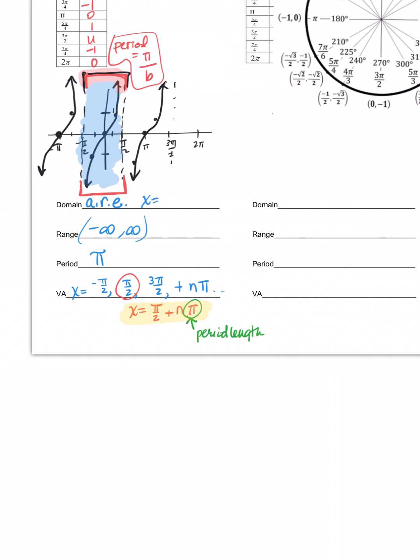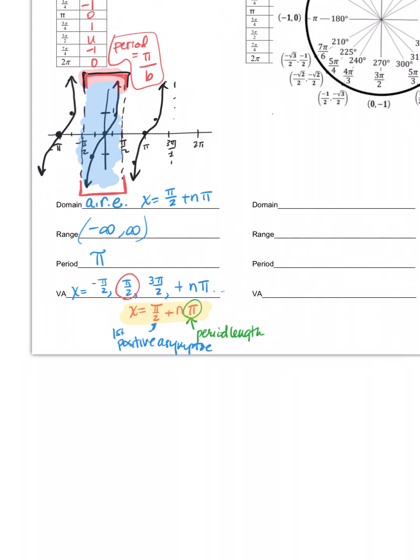So it's x equals pi over 2 plus n times pi. You start with the first positive asymptote, and then you add n period lengths, however many you need. So far, so good?